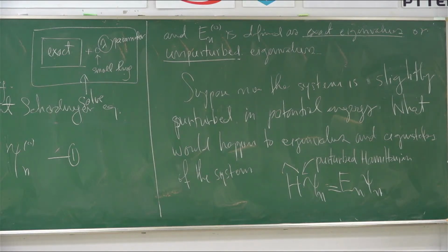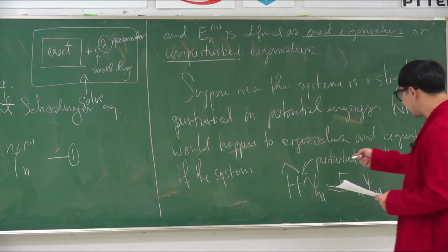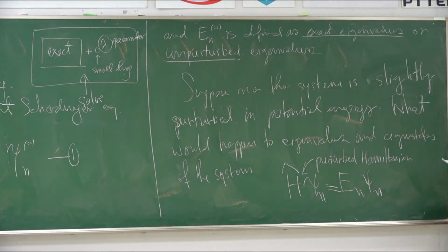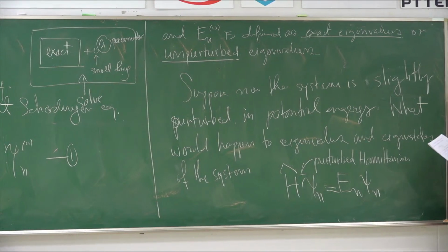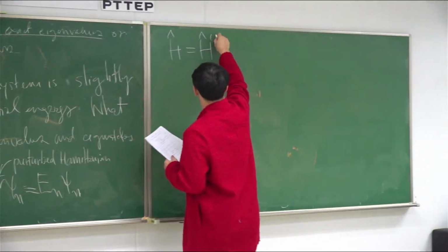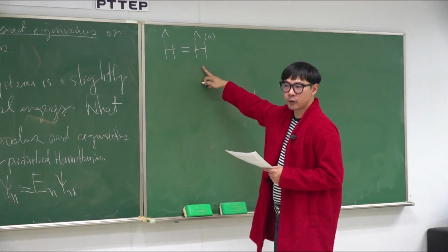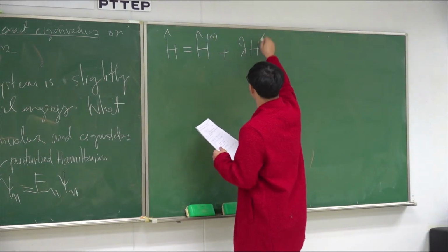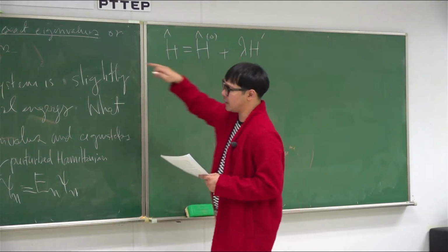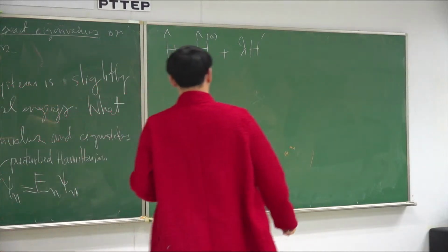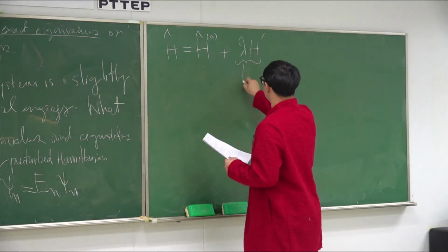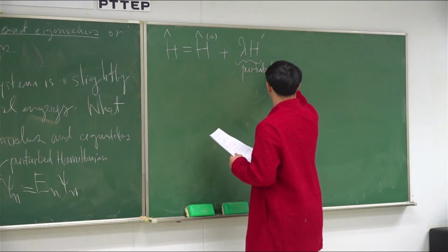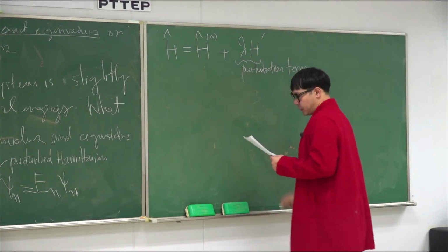As I mentioned, this perturbed Hamiltonian can be split into two terms: the one that we know how to solve exactly, and another one that comes in with the parameter lambda here. This is called the perturbation term.